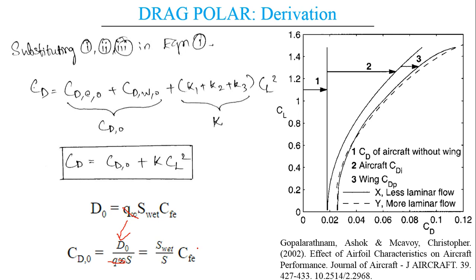So basically, in the GATE exam, we will be provided with the plot or a particular value of this ratio and the skin friction coefficient, and we need to obtain the CD value, that is, the drag polar value. So for that, at first we need to obtain the CD naught, and further we will be provided with the K value, the CL square, and everything.